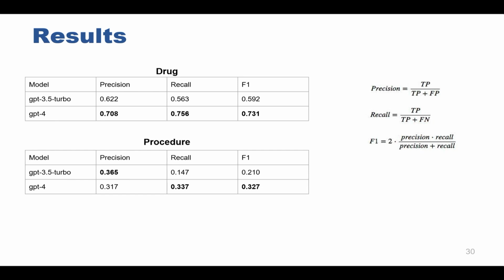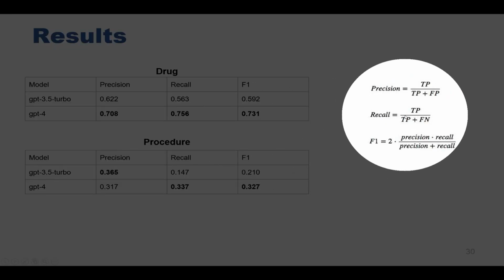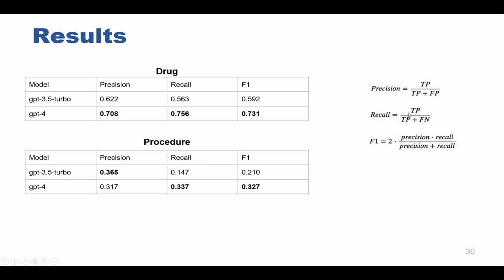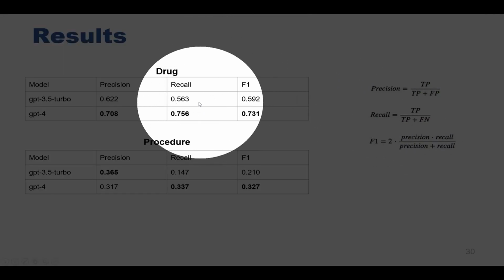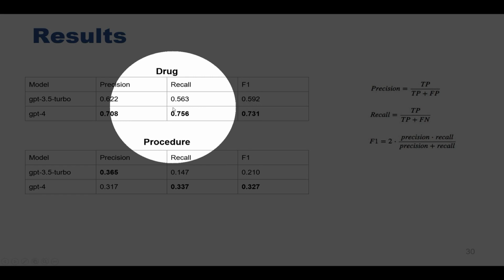So with the GPT-4, the results for finding drugs from text were not that horrible. There's a cheat sheet on the right for what the precision, recall and F1 score is, but intuitively you could think about precision as: if the model makes 100 guesses, then 75% of those guesses would land on the spot.